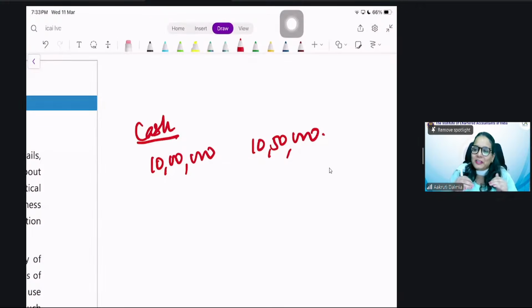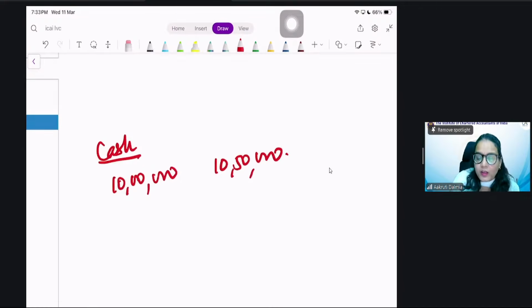This is what I'm going to teach you now: you cannot use substantive analytical procedure as final evidence for everything. You can use it as corroborative evidence in some cases and as final evidence in some cases. In cash, can we use only substantive analytical procedures?